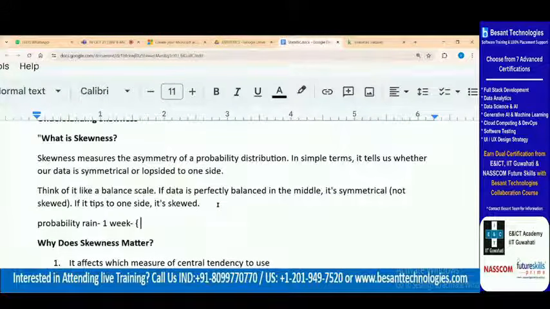The data set will be, I have already told you, the probability value will always be between 0 to 1. And now I'm taking the values as 0.14, 0.76, 0.2, 0.